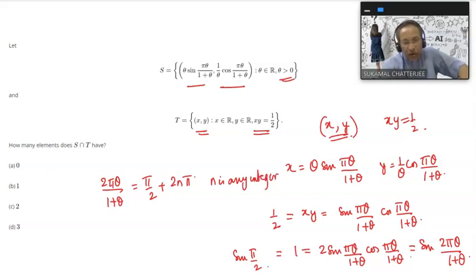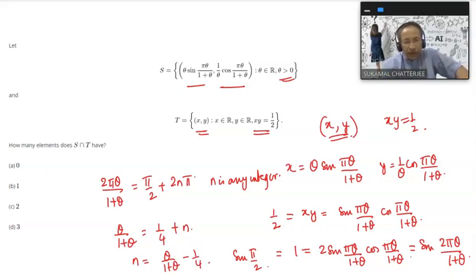Now you divide both sides by 2 pi. So you get theta by 1 plus theta equals 1 by 4 plus n. So that means n becomes theta by 1 plus theta minus 1 by 4.